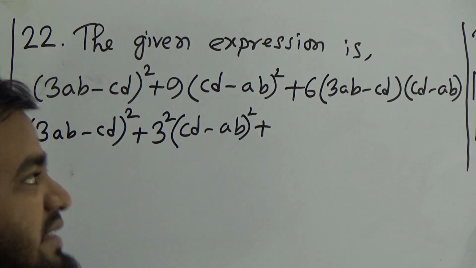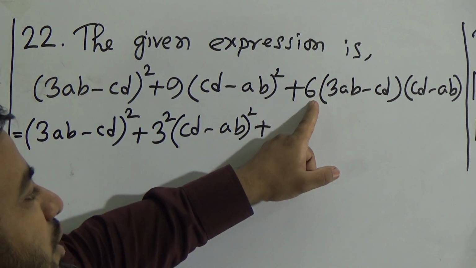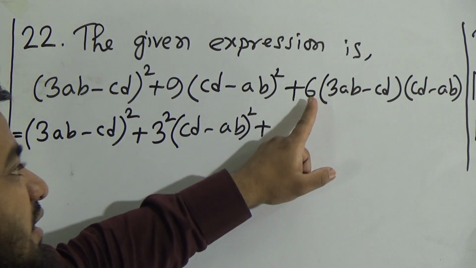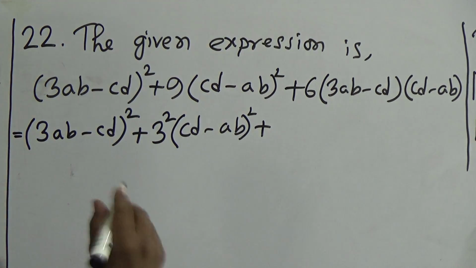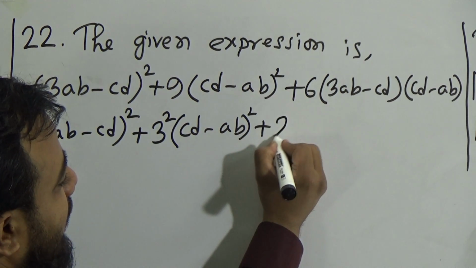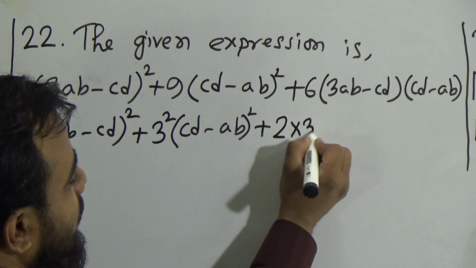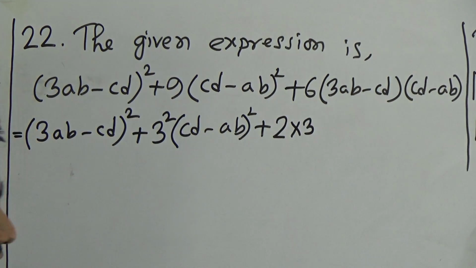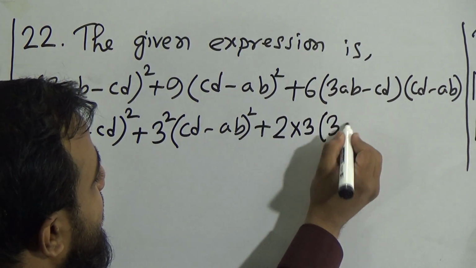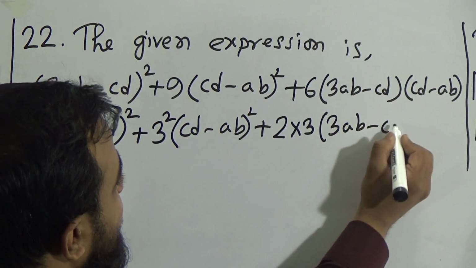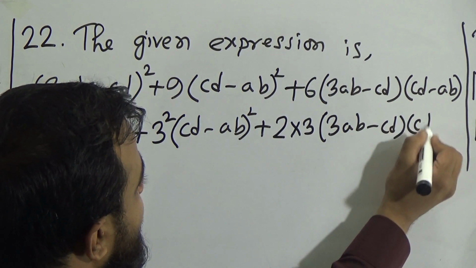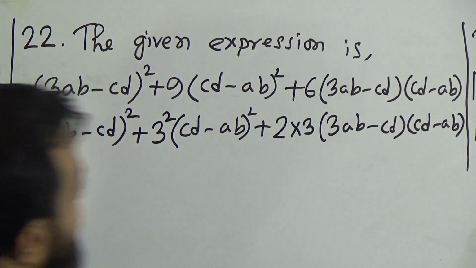That means we need twice ab, no need of this 6. That means we need to break this number also. If we break this number, we can write down 2 into 3, because 2 into 3 equal to 6. Okay, and 3ab minus cd into cd minus ab remain unchanged.